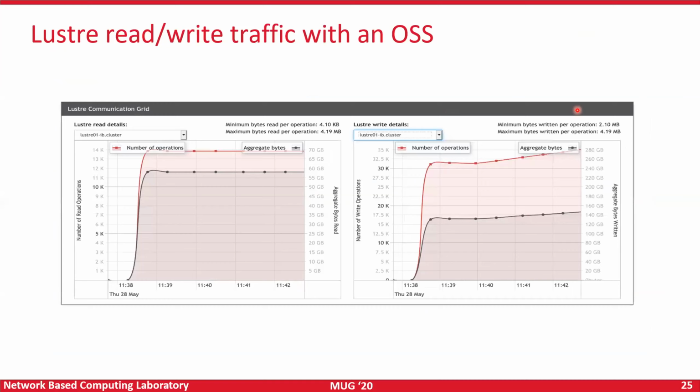If you have an IO intensive job which is using Lustre, you can also figure out how much data is going between the Lustre clients and the Lustre servers, how loaded it is, what the minimum bytes rate per operation is, and the maximum bytes rate per operation. All sorts of details can be provided. Currently we only have support for Lustre, but future releases may have support for other high performance file systems like GPFS and things like that.